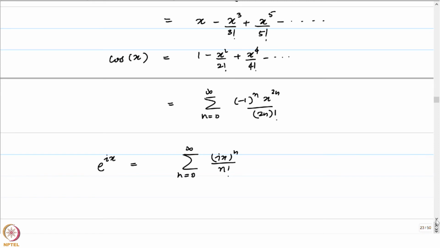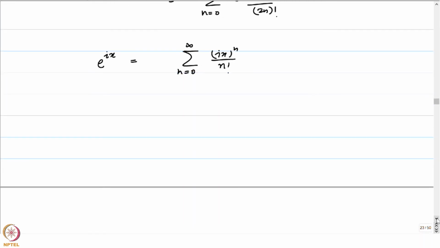Because this series is convergent unconditionally, if you write down the explicit form and gather the terms, you would see that this is equal to cos of x plus i times sine of x, for x in R. And this is precisely the collection of points on the unit circle that we had described in the previous lecture.